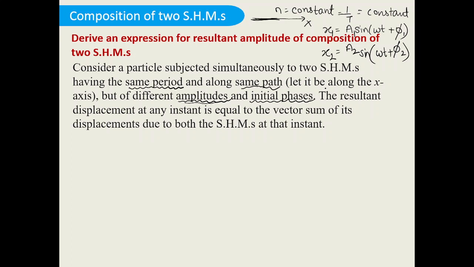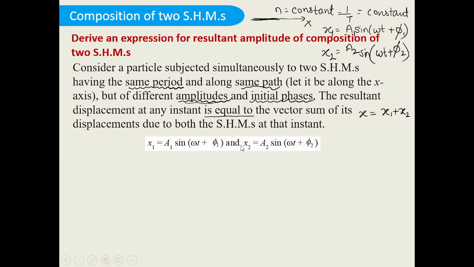The resultant displacement at any instant, x, is equal to the vector sum of the individual displacements due to both SHMs. That means x equals x1 plus x2. This is the composition of two SHMs.